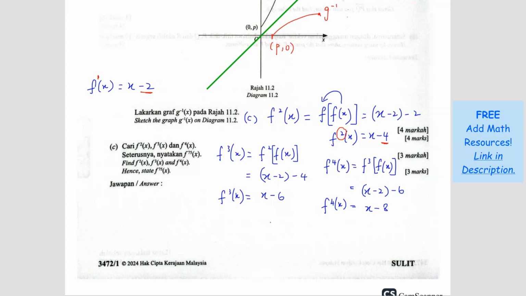So the pattern here we can say is, when the power is n, fⁿ, the function you will get is x minus 2 times n. So x minus 2n.